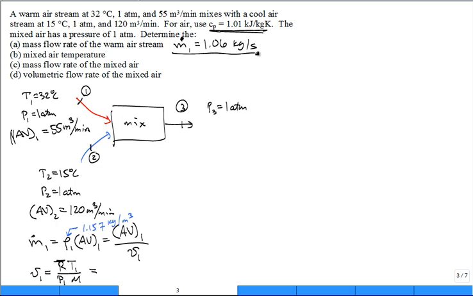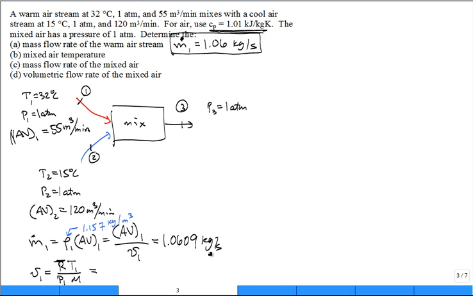Now, if I need that in subsequent calculations, I'll keep 5 digits, but when I report it as my answer to Part A, 3 significant digits. For further calculation, it's 1.0609 kilograms per second.